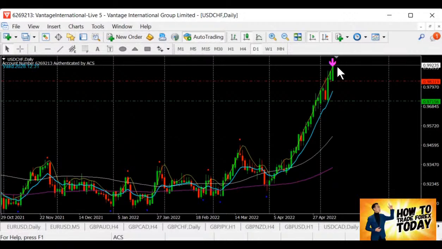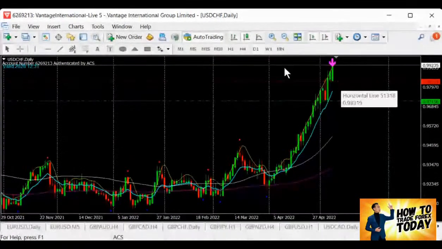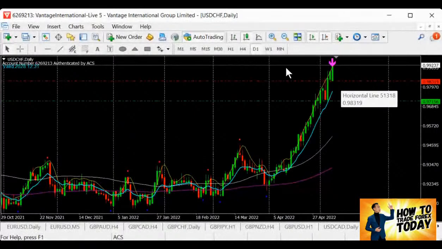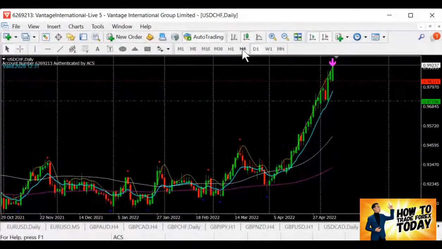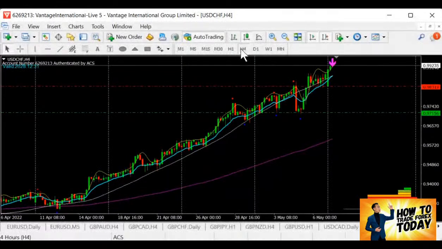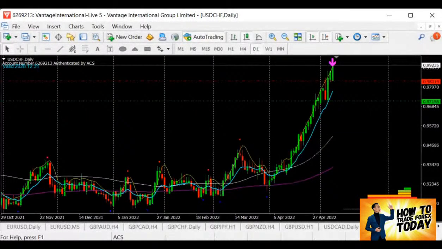So right now, what I'm looking at is that once it retests the resistance, then it will become a support. After it has retested, when you have a new buying signal, then we continue to buy. So that is for dollar franc.